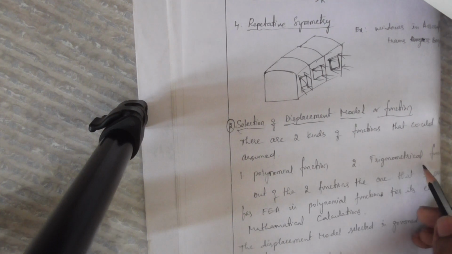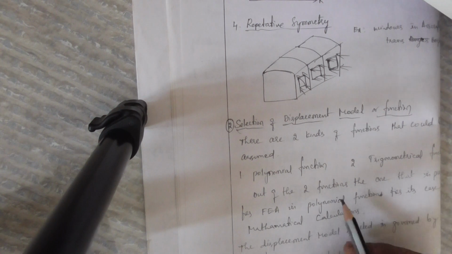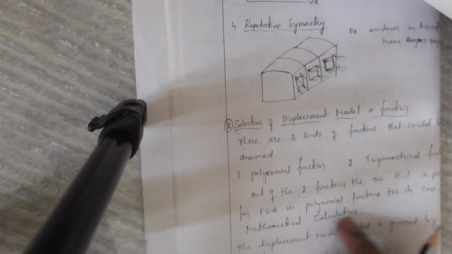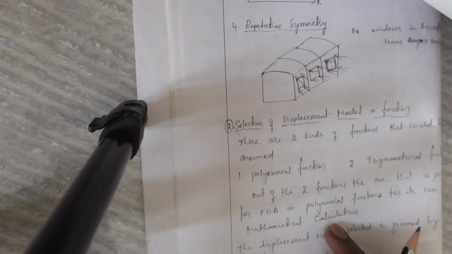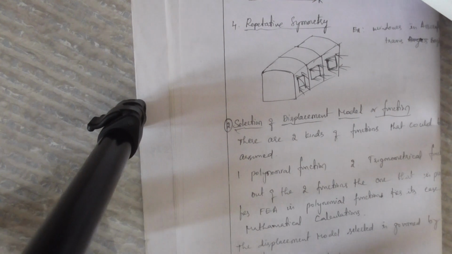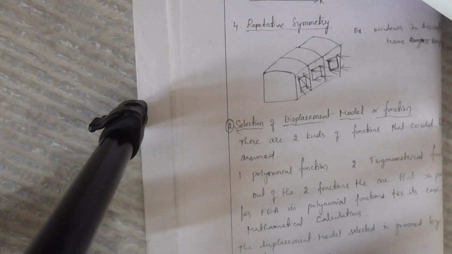If we take the trigonometrical function, it is somewhat complex in solving problems. Out of the two functions, the one preferred for FEA is the polynomial function for its ease of mathematical calculations. When you do differentiation and integration, the polynomial function is very comfortable compared to the trigonometrical function.